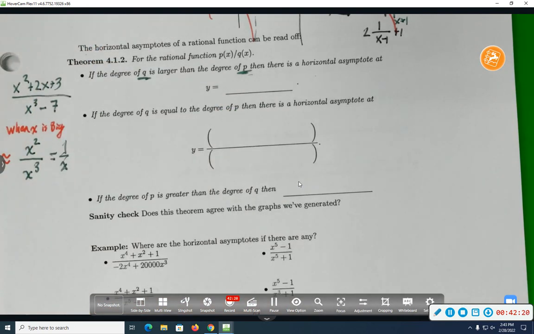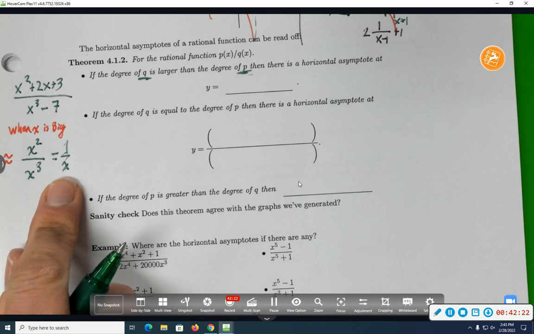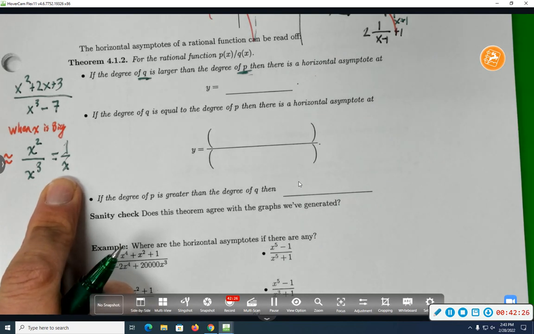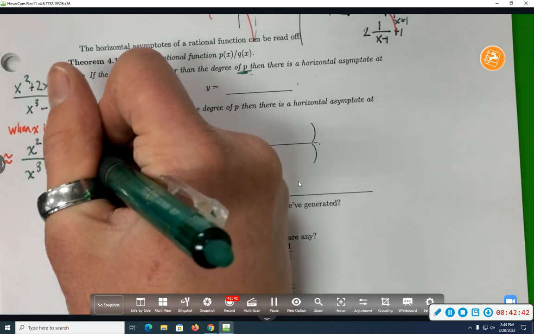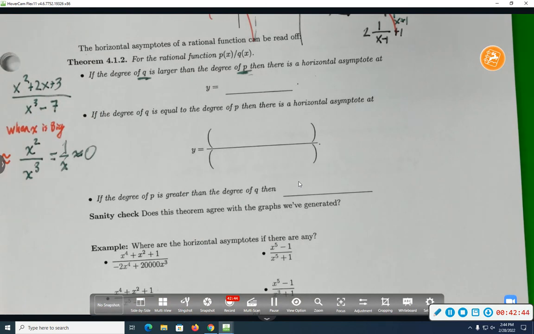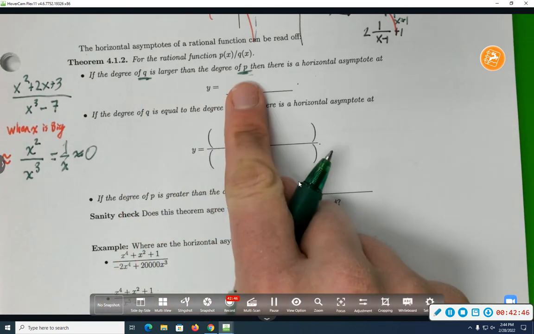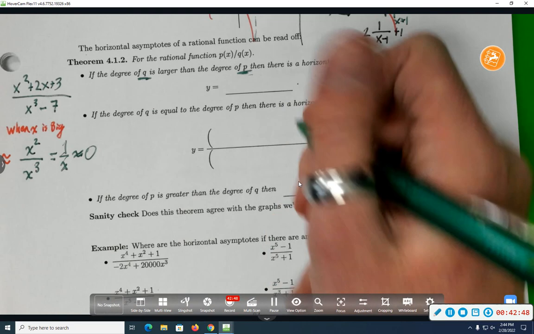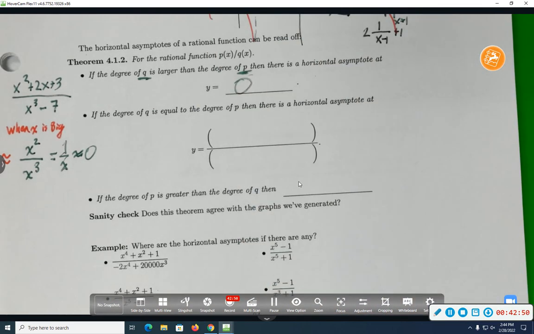Cancel the common x's. Now, when x is big, what can you tell me about 1 over x? What's 1 over 10 to the 10 approximately equal to? A decimal point, 9 zeros and then a 1. Is that pretty close to 0? Yeah. There's the logic. Whenever q is bigger than p, this same process will work. The horizontal asymptote will be y equals 0.